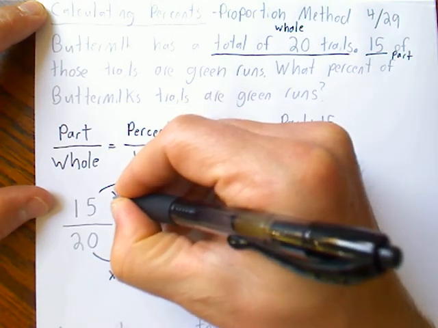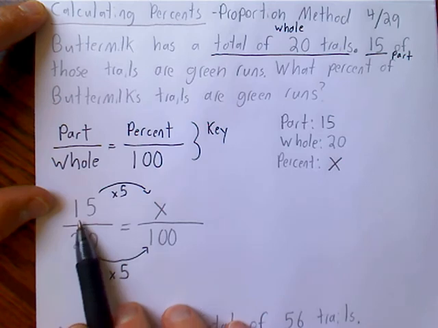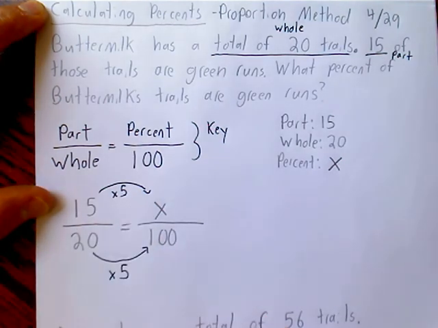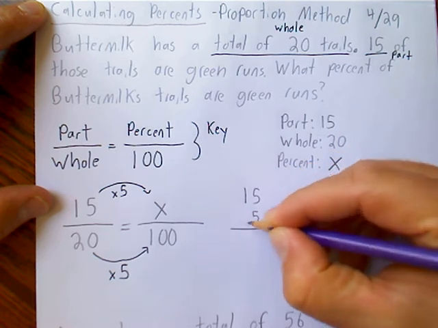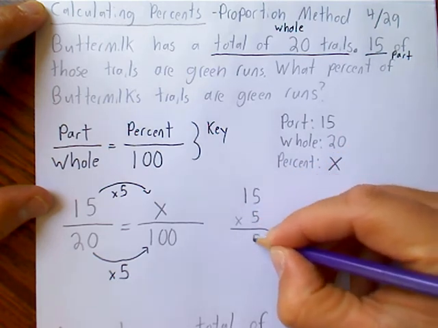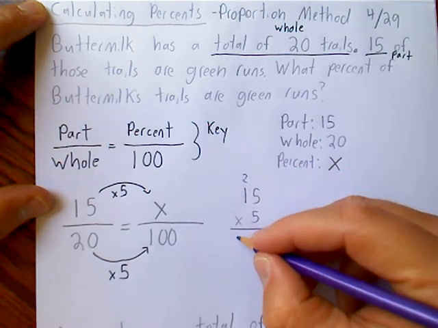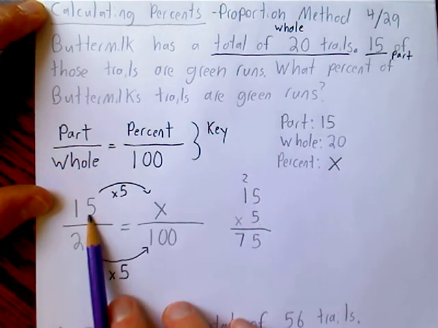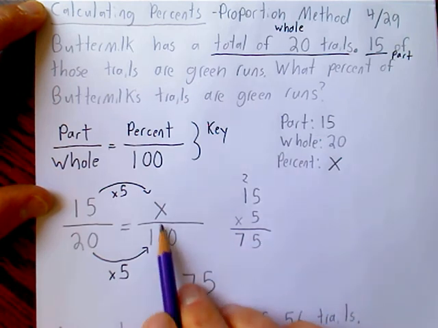Let's apply that same relationship here. And we just need to do 15 times 5. I'm going to do that on the side here. 15 times 5. 5 times 5 is 25. Carry the 2. 5 times 1 is 5. Plus 2 is 7. So 5 times 15 is 75. 75 is my x.